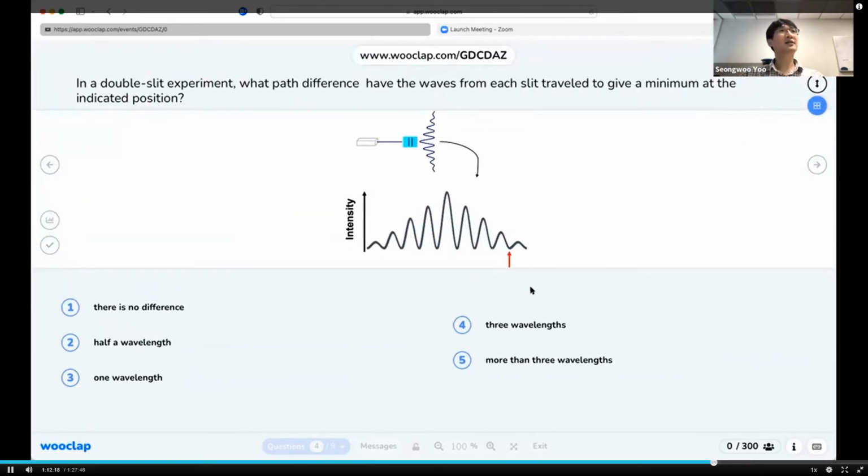In the double slit experiment, what path difference must the waves from each slit travel to give a minimum at the indicated point position? In other words, what would be the optical path length difference at this point? This is a dark fringe, yeah? So what should be the optical path length difference?